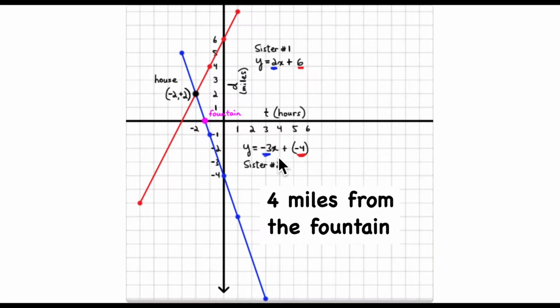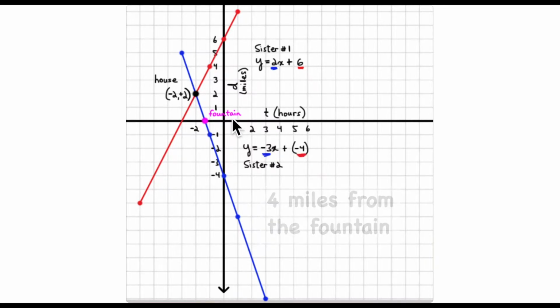So that's 2 times negative 3 is negative 6 plus a negative 4. So this has a magnitude, a size, of 10 miles, but it's a negative 10 miles. Sister number 1 has a magnitude of 10 miles, but it's a positive 10 miles. The only point here is that those distances have equal magnitude.